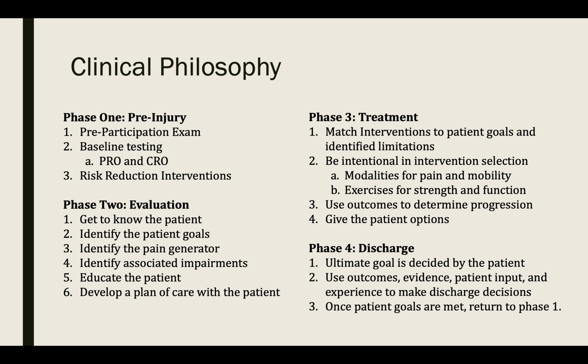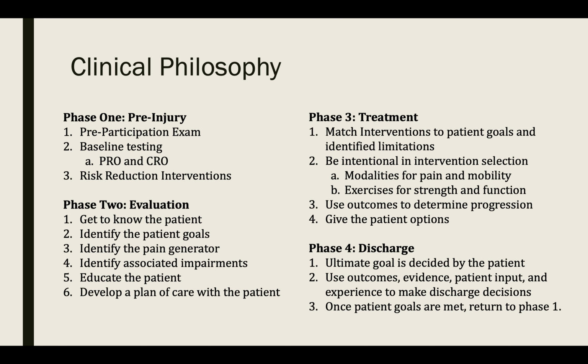This includes things like your pre-participation exams, pre-activity exams, any kind of baseline testing so you can have a baseline understanding in reading, and then interventions to reduce those things. So if you're noticing things that put people at a higher risk during your PPE or your baseline testing, you can intervene into those, or you can intervene into your patient's activities to make sure you're reducing risk.